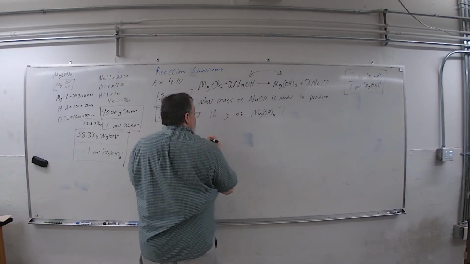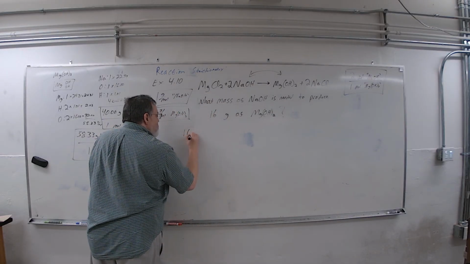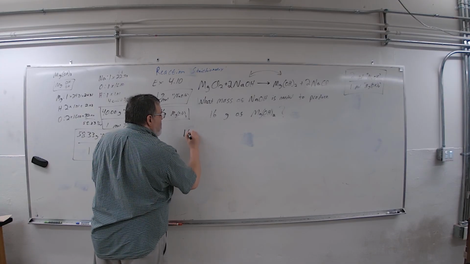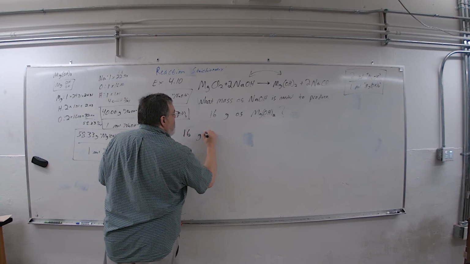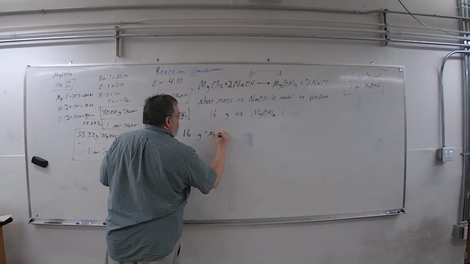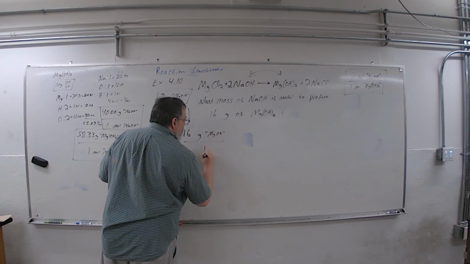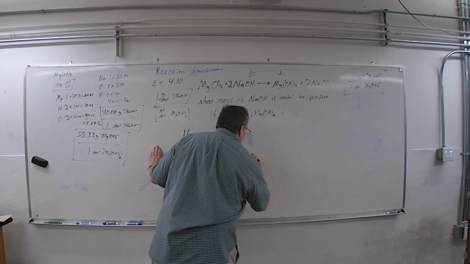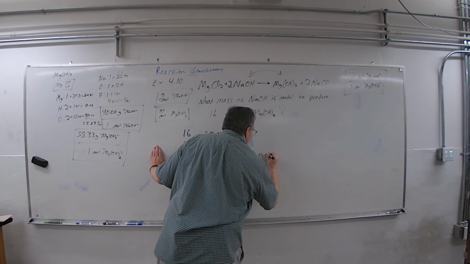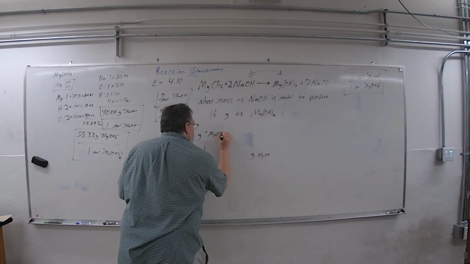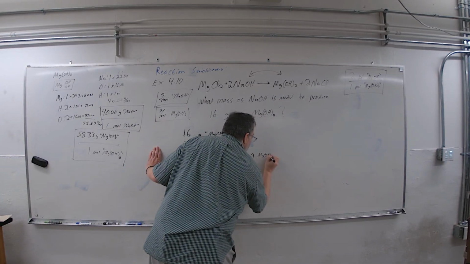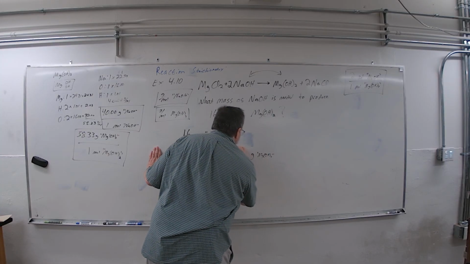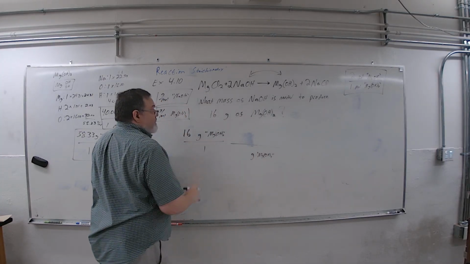This is what you're given in grams. So write 16 grams of Mg(OH)2 over 1. We're going to need grams of Mg(OH)2 on the bottom to make that cancel.